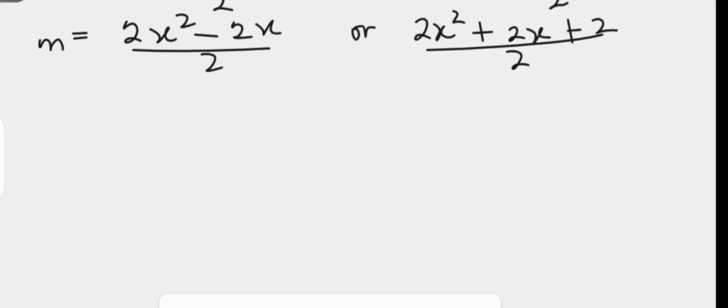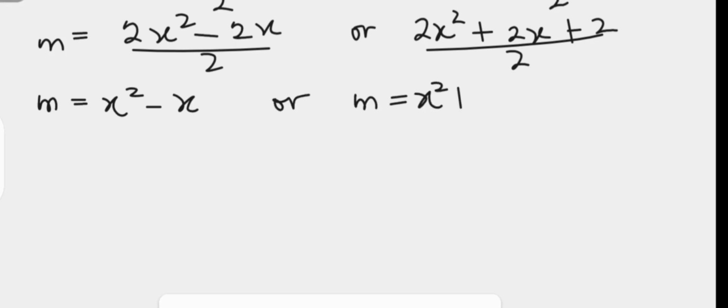Dividing by 2, in both cases, m is x squared minus x as the first root for m, while the second one is m equals x squared plus x plus 1, leaving us with two quadratic equations in x.